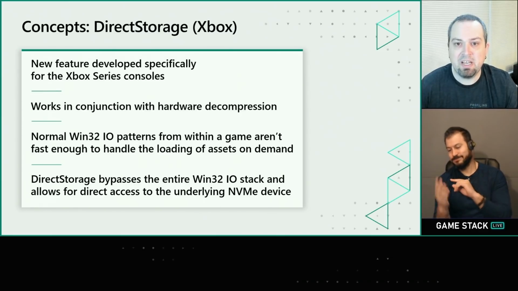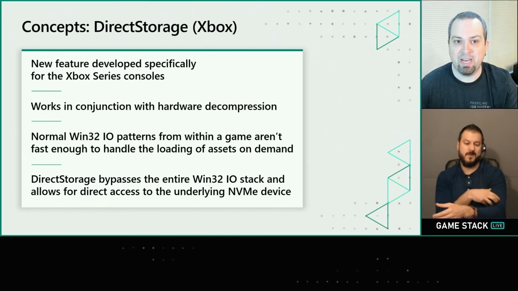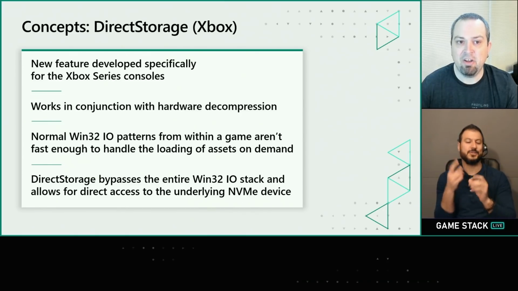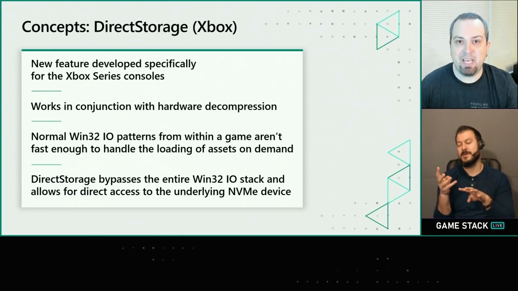This is important because of the amount of overhead that comes with the Win32 I/O stack, as I mentioned earlier. Especially when paired with sampler feedback streaming, the drive needs to be able to read data as quickly as possible to remove any sort of texture pop-in or bottlenecking.